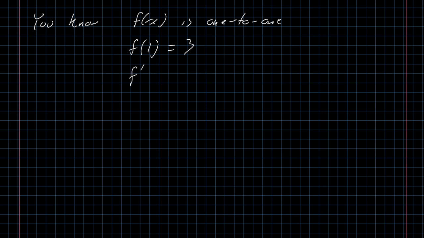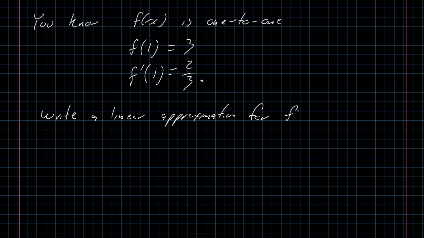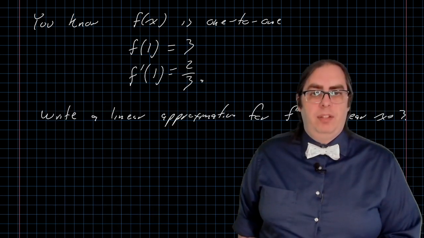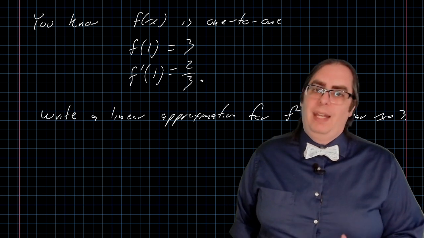And you know that f prime of 1 is 2/3. I claim that that's enough information for you to write a linear approximation for f inverse near x equals 3. I'd like you to take a couple of minutes, see what you can do with that one, and I'll see you in the next video.